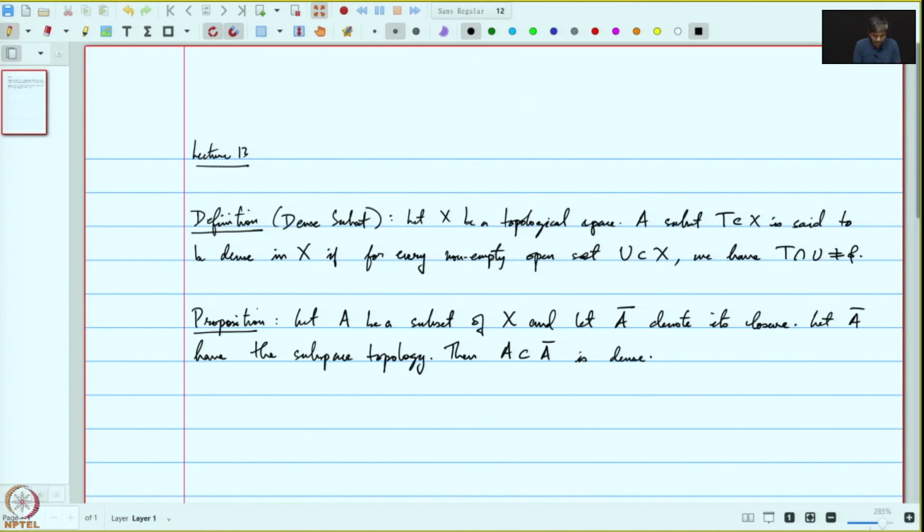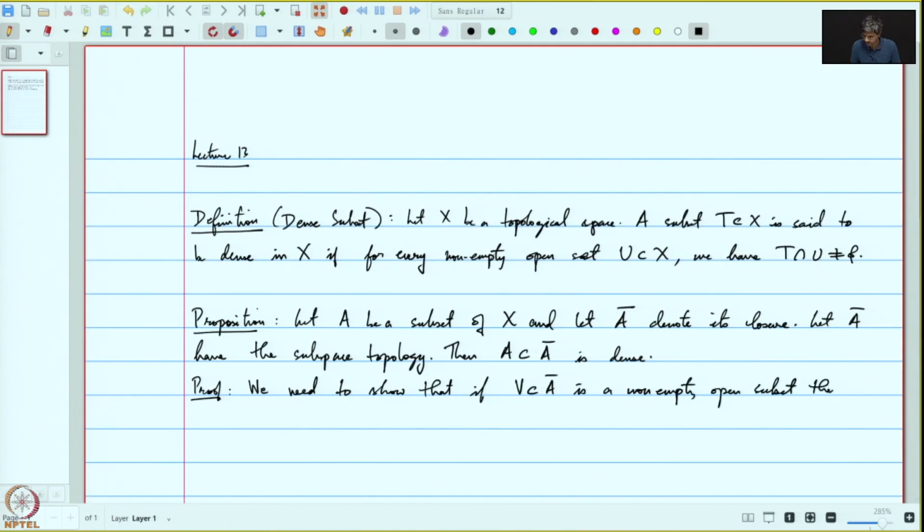Okay, so let us prove this. By the definition of denseness, we need to show that if V contained in A closure is a non-empty open subset, then V intersection A is non-empty.